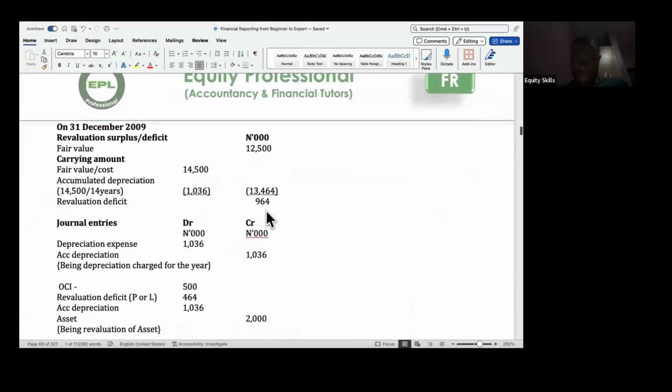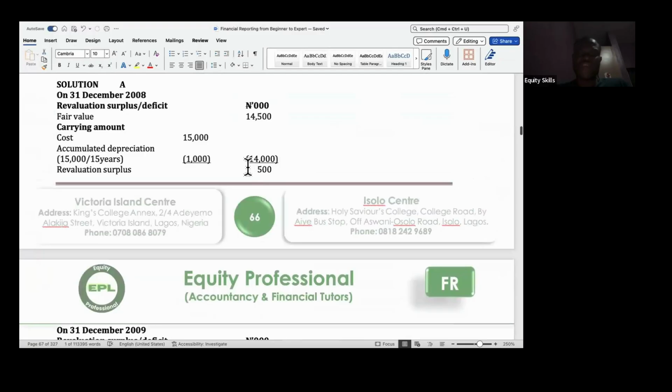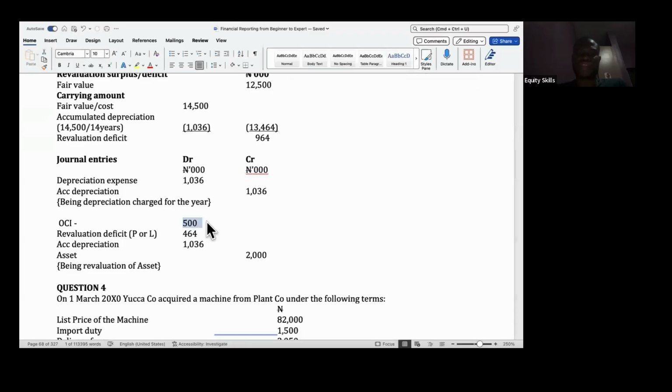So out of this 964, 500 will net off the surplus. So that means we are going to take 500 to OCI. And the reason why it's a debit is because ordinarily revaluation surplus is a credit. It's a credit balance, it is an income. To net it off, we debit. That's why we are debiting 500.